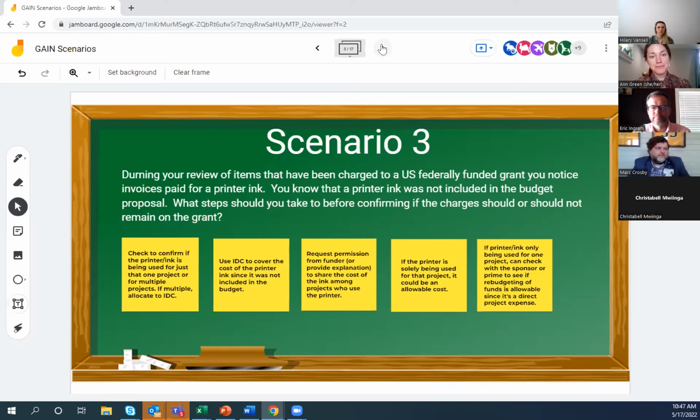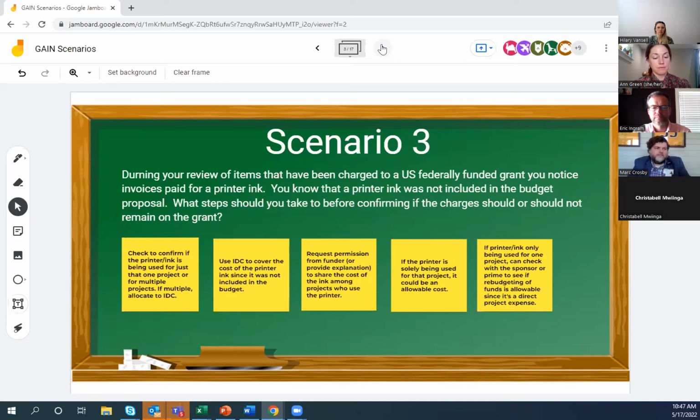If you discover that that was the case, then you can try and allocate it to the IDC. If not, you also use the IDC to cover the cost of the printer ink since it was not included in the budget. Then the other one that we agreed was you request permission from the funders or provide an explanation to share the cost of the ink among the projects that are using the printer.